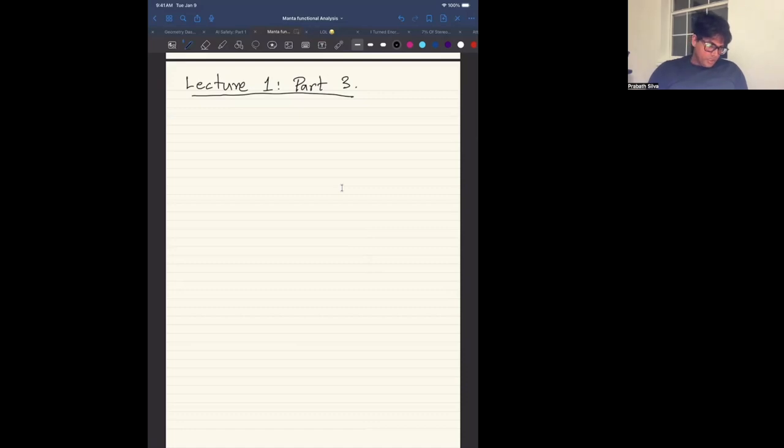So, proof. If you have two elements, 0 and 0 prime, by star, since 0 is a null element and 0 prime is any element in the lattice, you can take a to be equal to 0 prime. So we get 0 less than or equal to 0 prime.